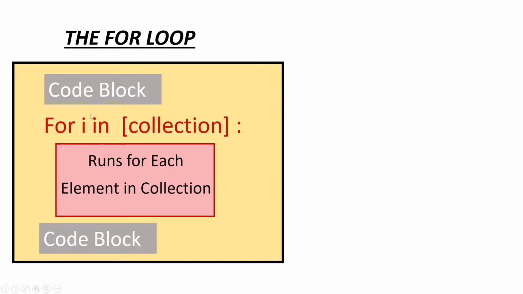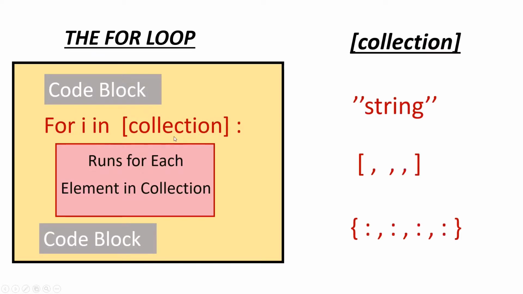Then there will come compulsorily the in keyword, and there will be a collection. Collection basically includes anything like a string or a list or a dictionary. That also we'll see. So basically in a collection you will have more than one element, and you want your for loop to run for each of these elements.